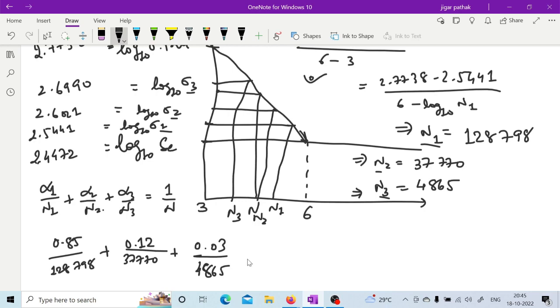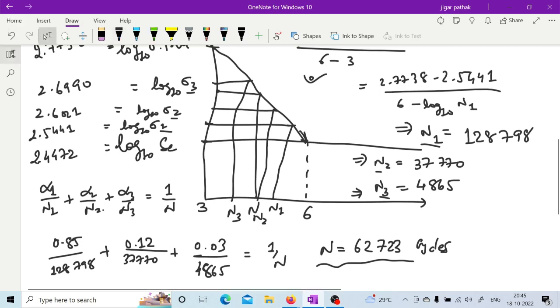Sir, I'm getting 62,723 cycles. 62,723 cycles. Yeah, correct. So all of you are getting the same. Yeah, sir, it's coming in the same range.